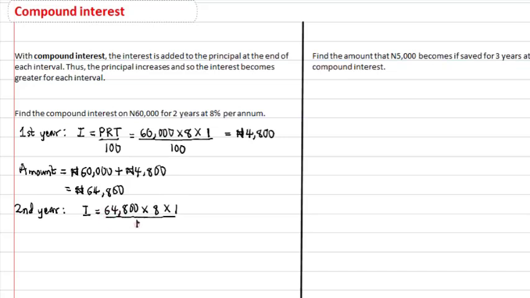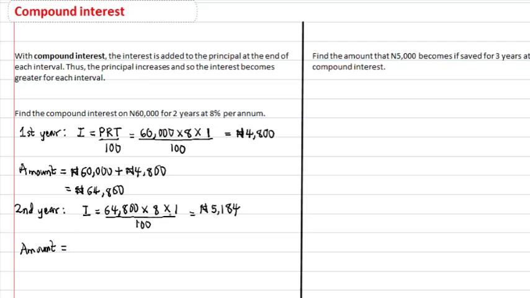Using your calculator, you get 5,184 naira. So at the end of this year, the amount we receive combined will be this one plus this one. That's how we'll be adding it.